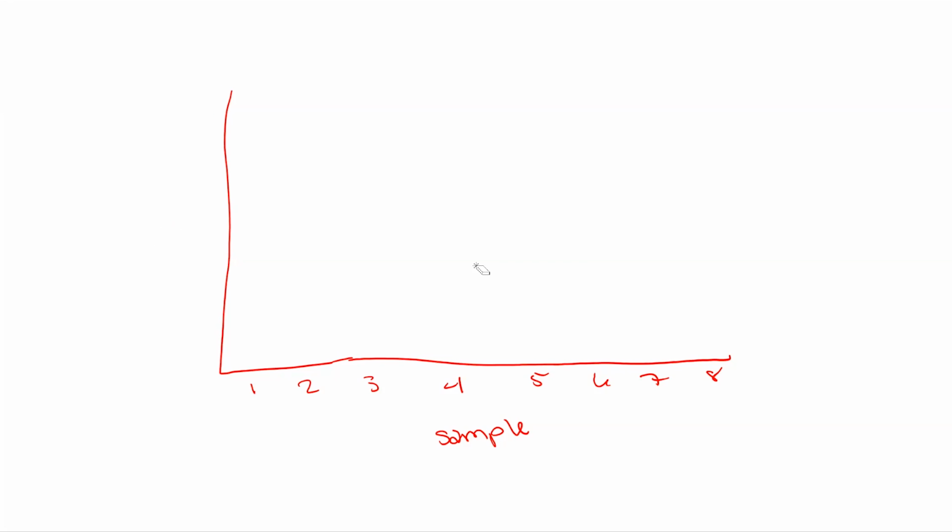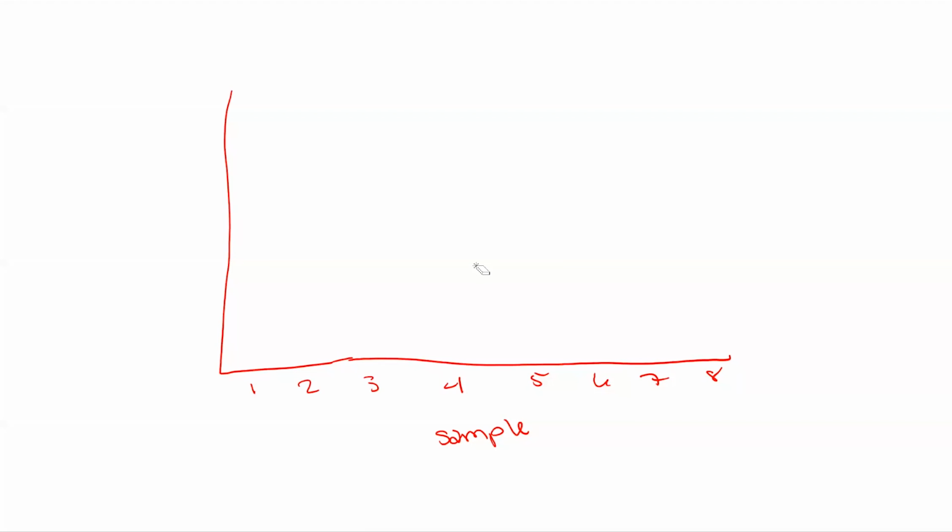So let's just say that we're sampling the average number of crows that show up in a park, right? And on day 1, we find, let's just say, 5. On day 2, we find 6. Day 3, we find 4. Day 4, we find 6 again. Day 5, we find 7.